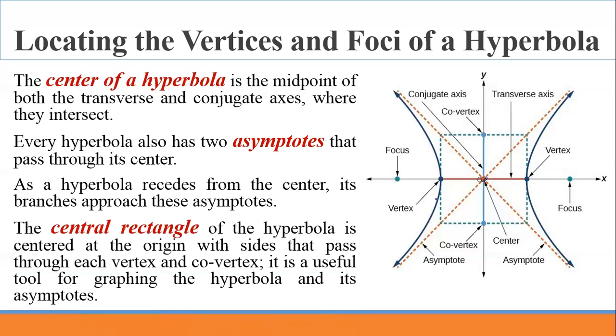And we have the central rectangle of the hyperbola, which is centered at the origin with sides that pass through each vertex and co-vertex. So it is a useful tool for graphing the hyperbola and its asymptotes. So yan yung central rectangle natin.